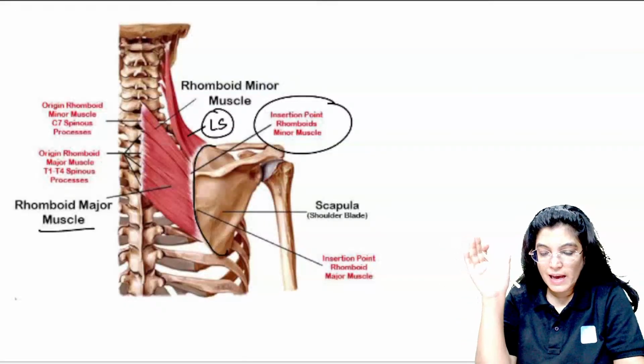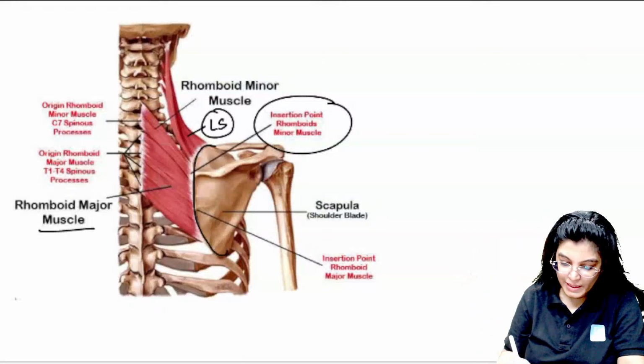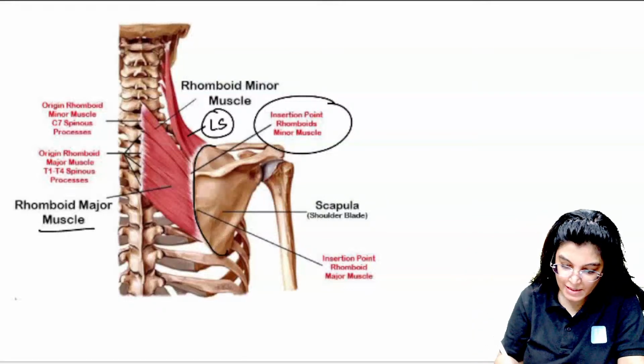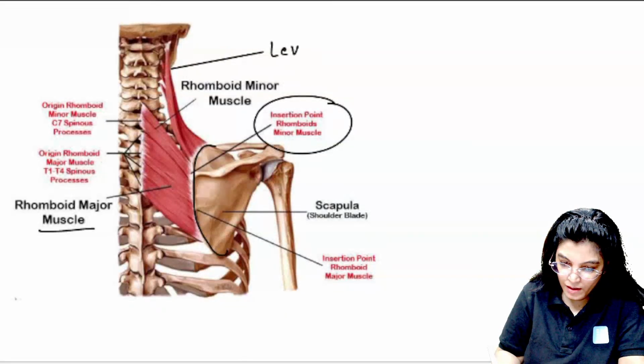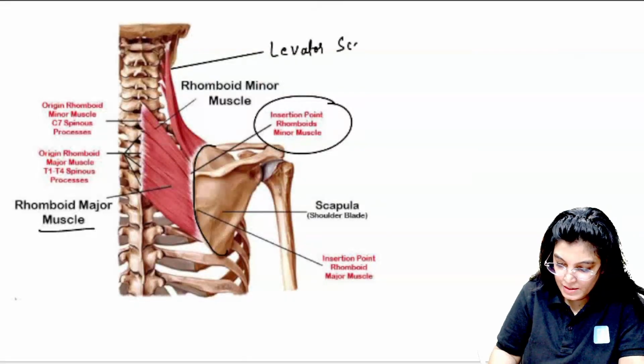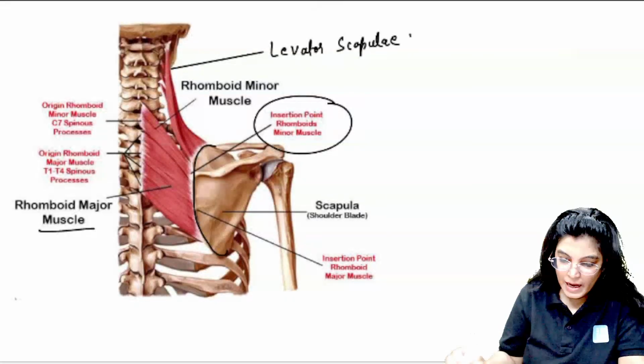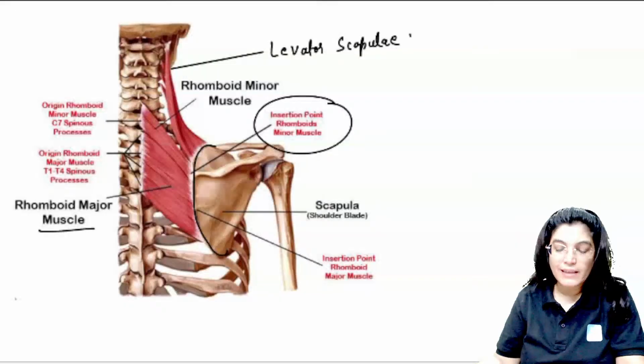So levator scapulae, as you can see in this image also, this is the levator scapulae muscle. If you want, I can write the full form. It is arising from atlas and axis.